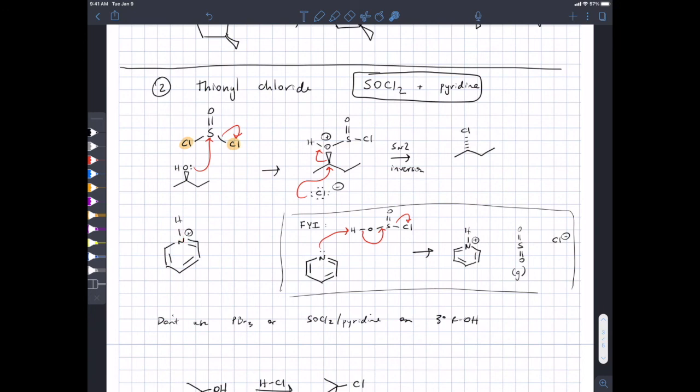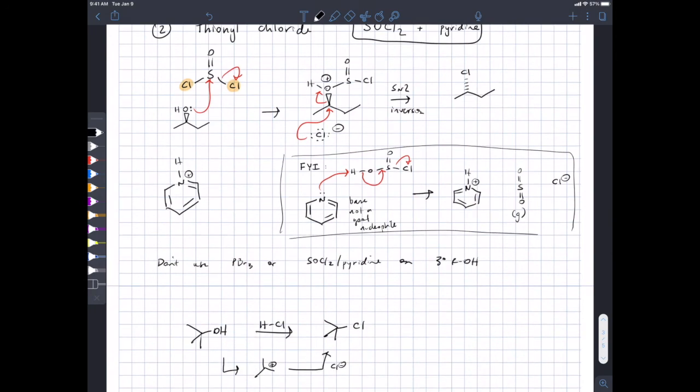And so pyridine is an example of a base that is not a good nucleophile. We didn't talk about it in chapter 7 and 8, but it is on the list of things you can use as a base that's not a good nucleophile, so you don't have to worry about substitution chemistry.